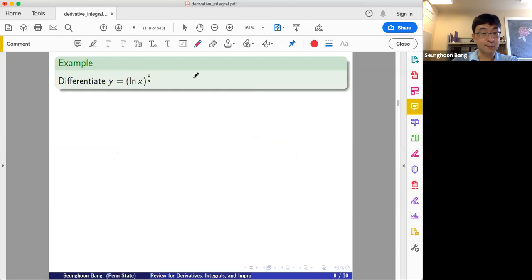Here, the last example, how can we solve step 1? You can follow step 1. Step 1, y equals ln of x to the 1 over x is given. Step 1 is take ln of both sides. So what happens?